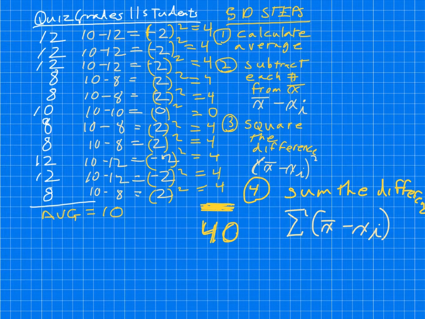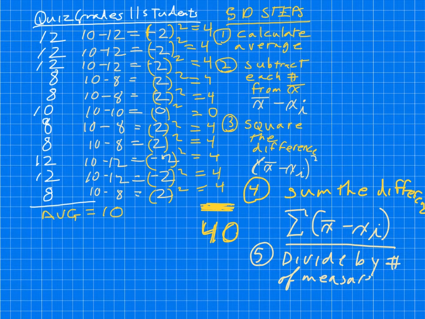Based on what your textbook says, you're going to divide by your number of measurements, or your number of data points. In this case, we have 11 students, so we have 11 data points.